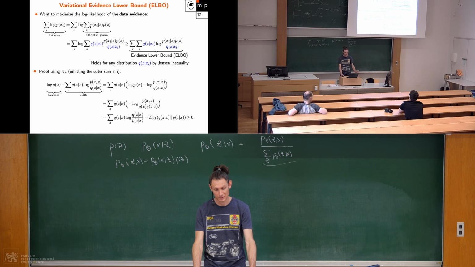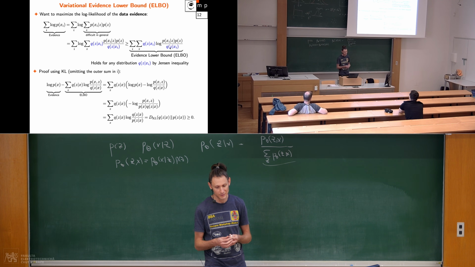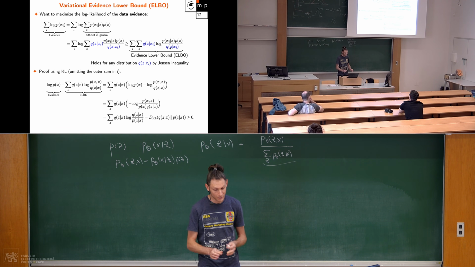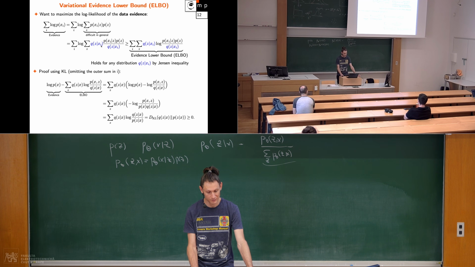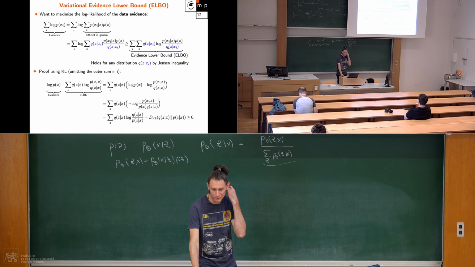So we swapped the sum and the logarithm, but what appeared is this Q distribution. Here you see the logarithm of the expected value, so the logarithm of the convex combination of these things, where Q gives the convex combination coefficients. And on the right-hand side, you see a convex combination of the logarithm.